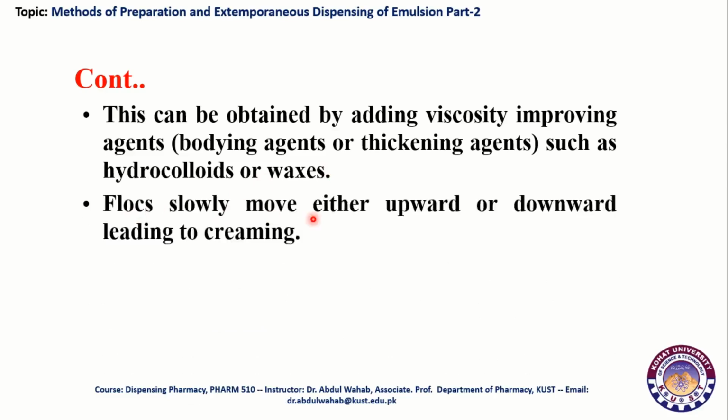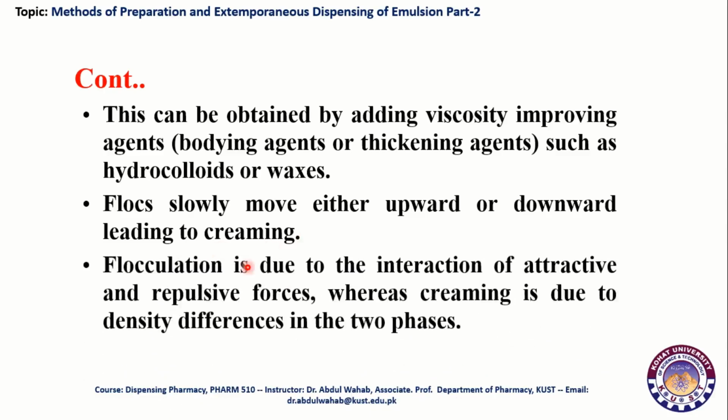Flocks slowly move either upward or downward, leading to creaming. Fluctuation is due to the interaction of attractive and repulsive forces, whereas creaming is due to density differences in the two phases.